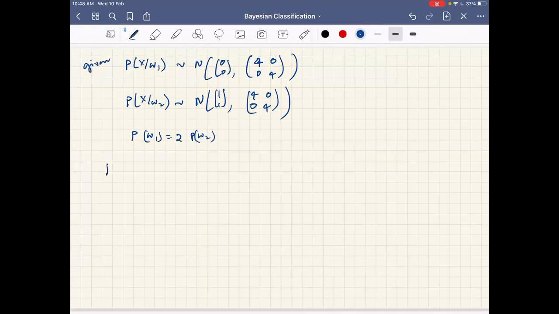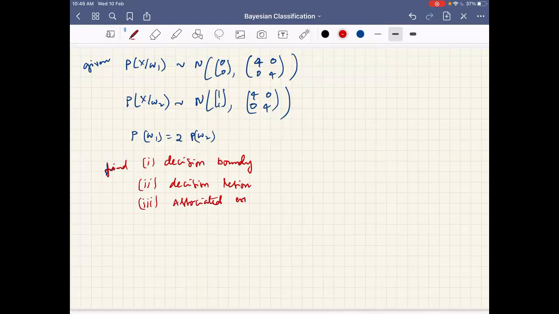Given all this, what is it that we need to find? Find the decision boundary, decision regions, and third, the associated error for Bayesian classification.